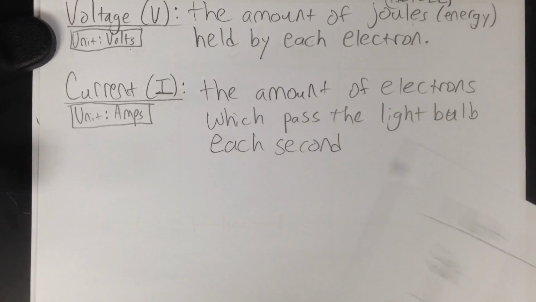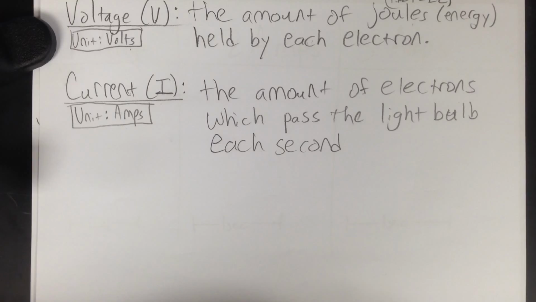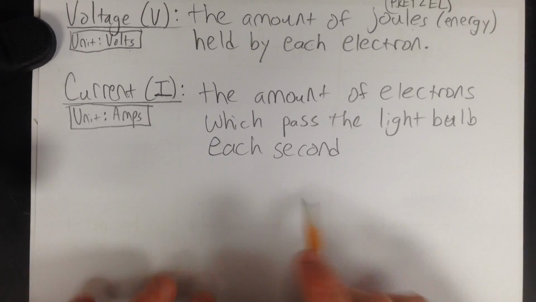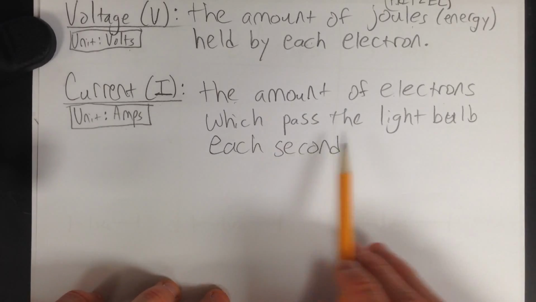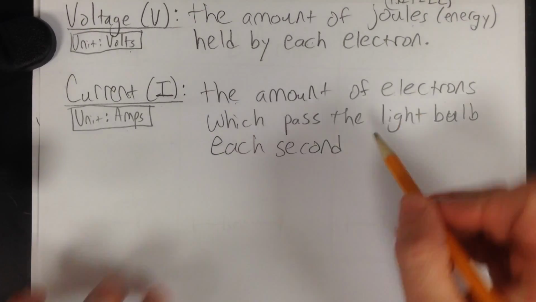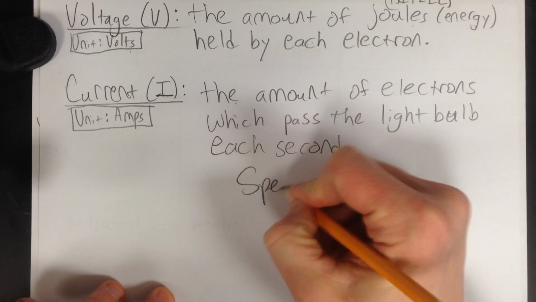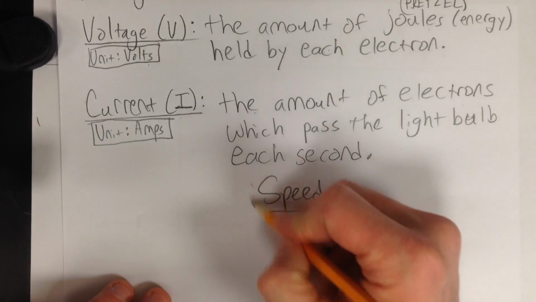Okay, current. Now you can write down the current definition after you've done voltage. Current is the amount of electrons which pass the light bulb each second. So it's basically the speed. You could think of it as the speed of the electrons.